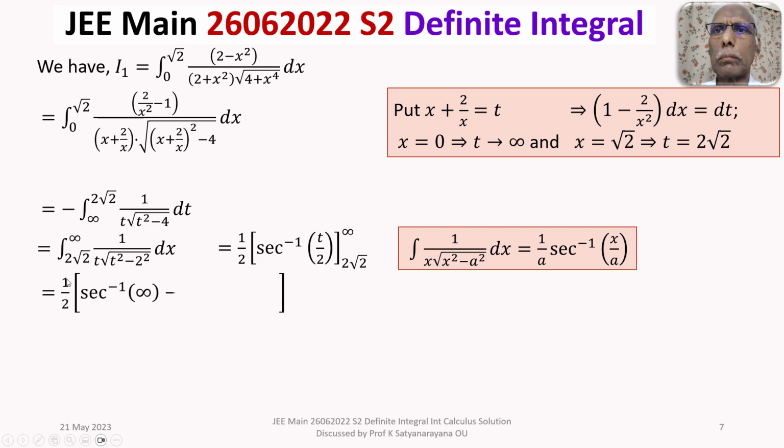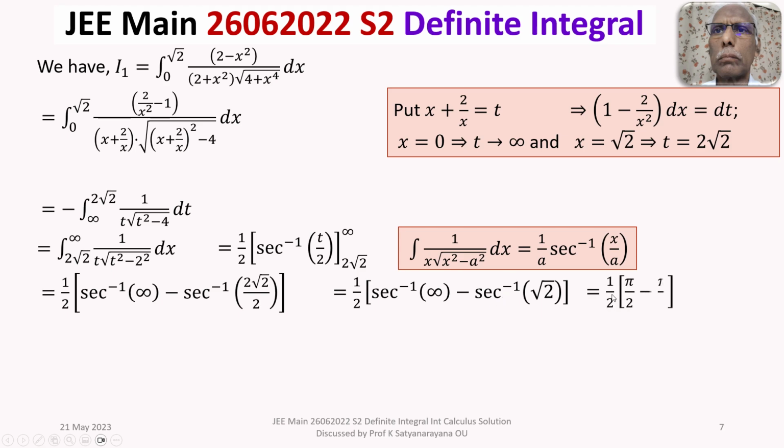For the upper limit, secant inverse of infinity, minus for the lower limit, secant inverse of 2 root 2 by 2, that is secant inverse of root 2. Now 1 by 2 into secant inverse of infinity is pi by 2, and secant inverse of root 2 is pi by 4. 1 by 2 into (pi by 2 minus pi by 4). Pi by 2 minus pi by 4 is pi by 4, into 1 by 2, that is pi by 8.